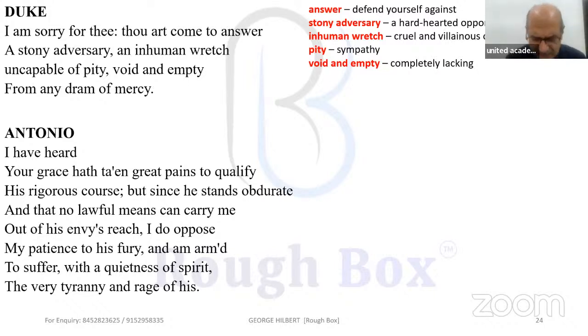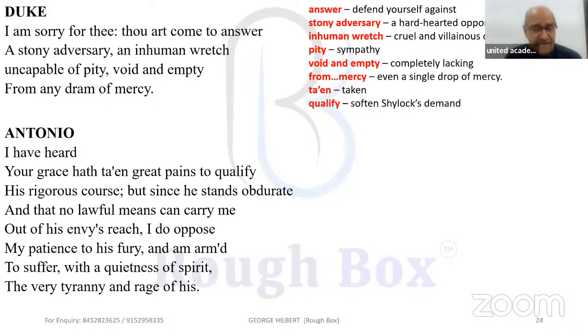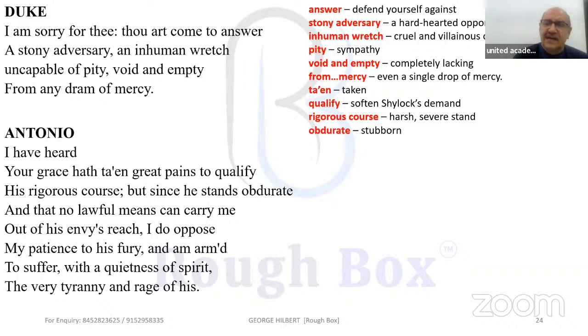And Antonio, appreciative of the Duke, says, I have heard your grace has taken great pains to qualify his rigorous course. Okay, I have heard that you, O Duke, have taken a lot of trouble trying to soften Shylock's harsh, severe demand for my pound of flesh.